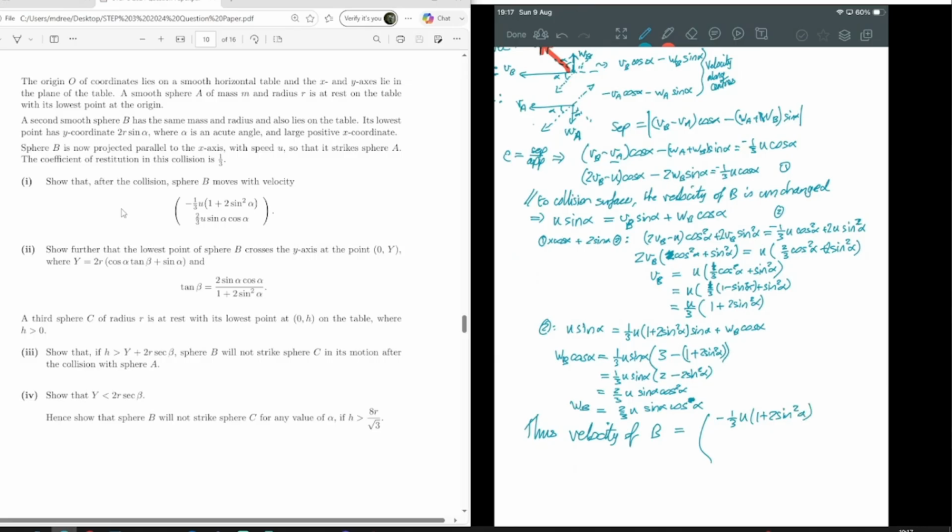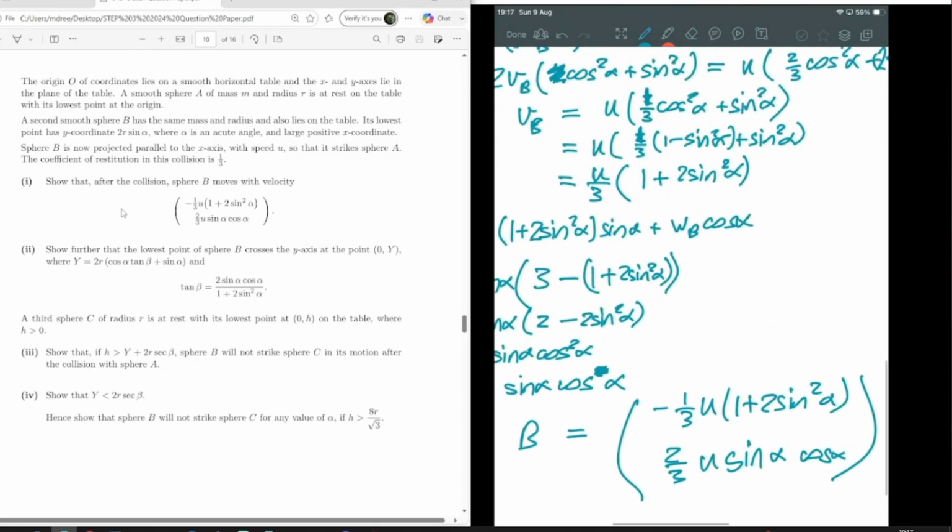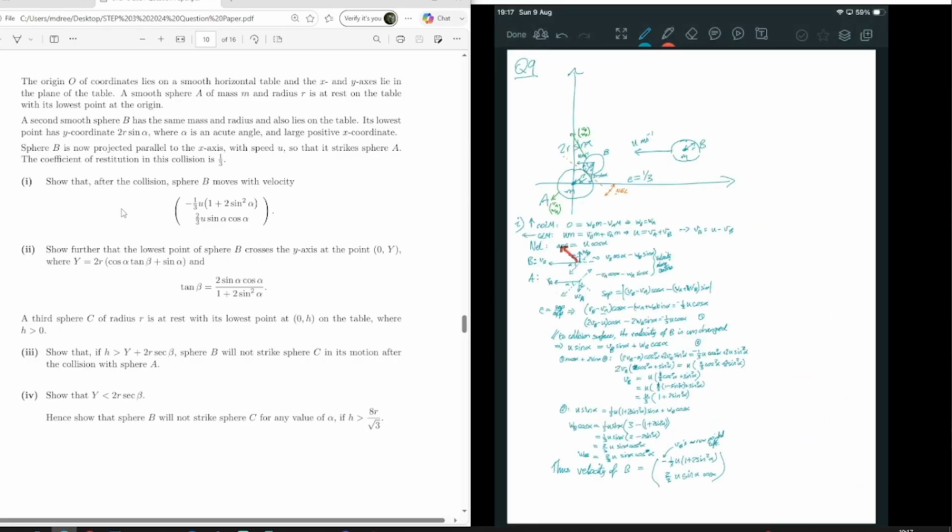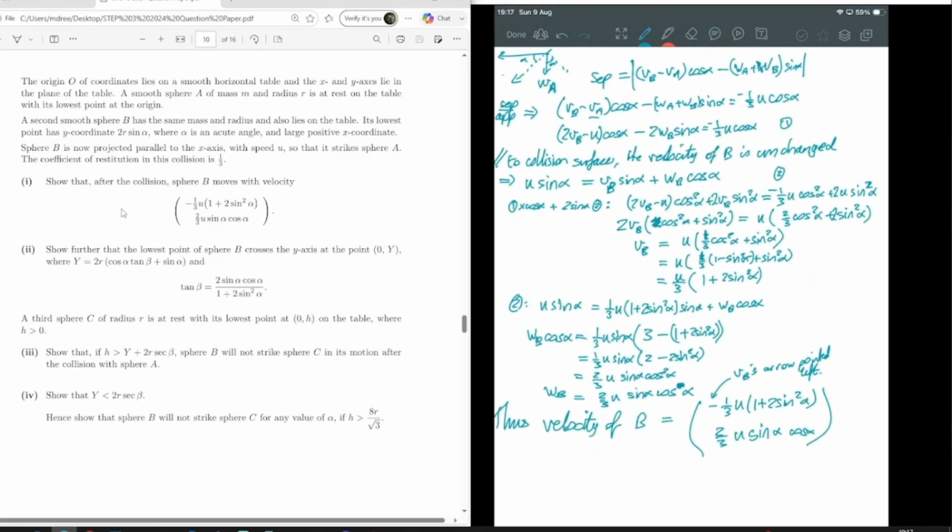It's pointing to the left. My arrow VB was pointing to the left. U sine alpha cos alpha, and I will reference that this was as VB's arrow pointed left. So when you put it in as a vector, it comes out as negative.